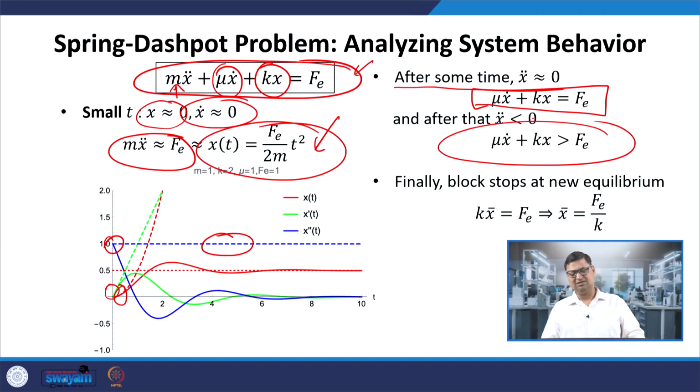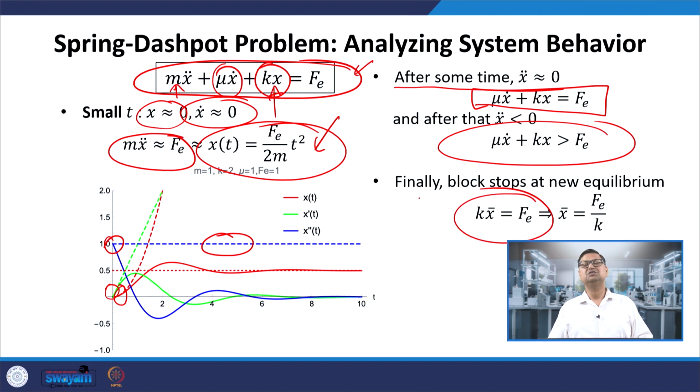And finally, if I look at the system for a long enough time, then the block has to stop somewhere. And once it stops, the acceleration goes to 0, the velocity goes to 0. So only the last term in this equation is important.